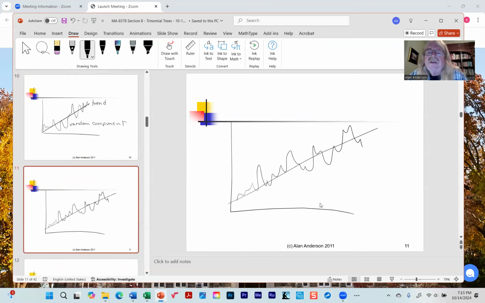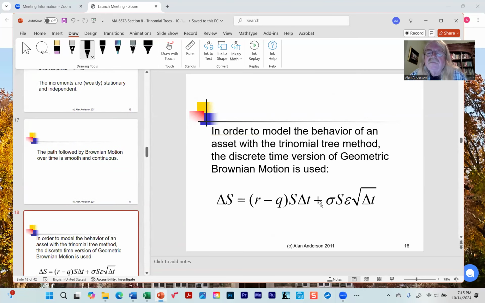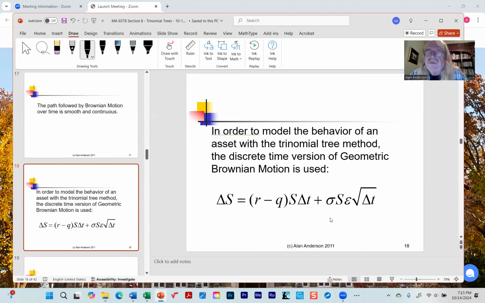So what we have to do instead is use deltas, which means very small changes. And we end up with something like this. Okay, so a small change in the stock price comes from the following two terms: the drift, and you notice here our old friend delta t, which is the size of a single time step, which can be very small, but it's not infinitesimal.